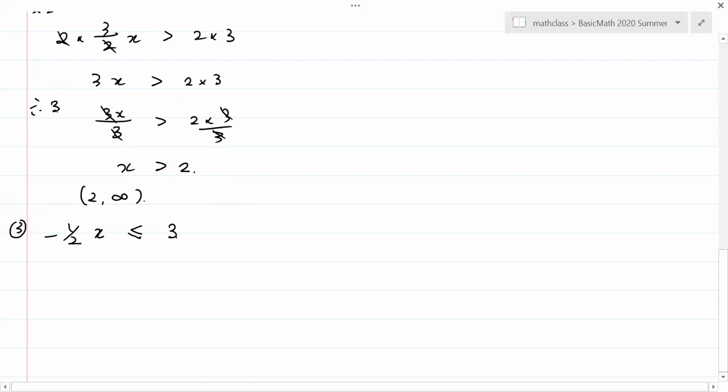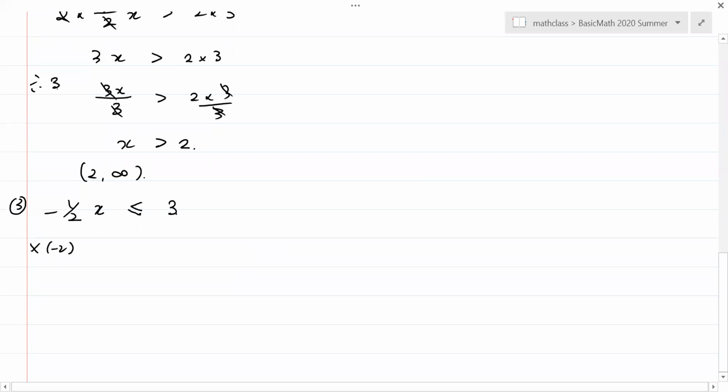To simplify this inequality, you need to multiply both sides by -2. Be careful: when you multiply both sides by -2, you have to change the direction of the inequality.